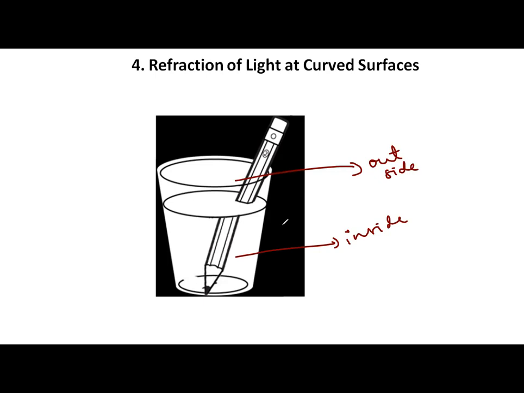No connection is what you observed here. But when we take it out, you can see a single part, a complete pencil, right? But inside the water, you are observing two parts. Because of what reason?